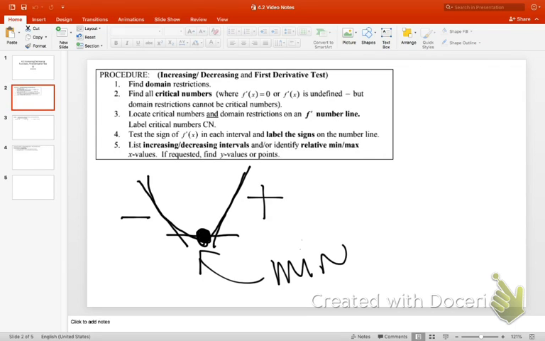We're going to locate the critical numbers and domain restrictions on an f prime number line, label them, and then do a sign analysis for each interval those critical numbers create. Wherever we have a sign change, we have either a max or a min. If they actually ask you what the max or min is, that means we need to find the y values.